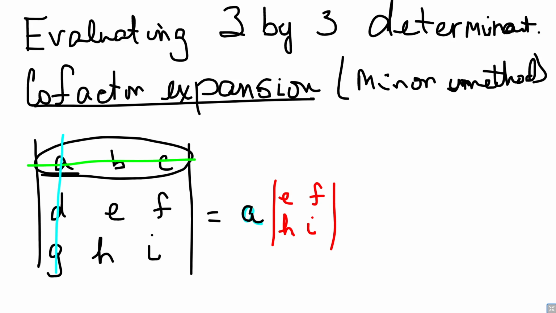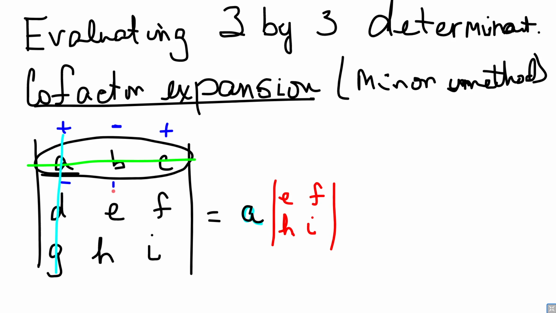Now, in a matrix, each position holds a sign. The first position is positive, the second position is negative, the third is positive, and it alternates signs throughout the whole matrix.